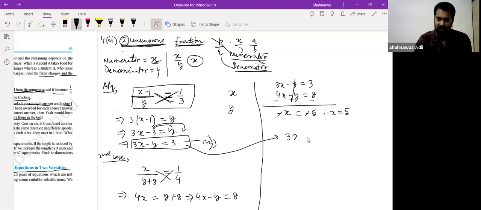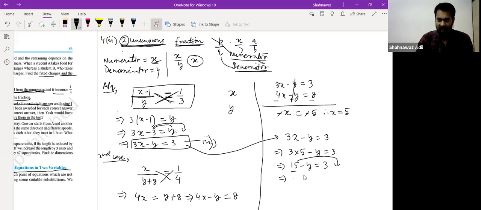So 3x minus y is 3, we know. And 3 into x, the value of x we know, so this will be 5. Minus y is 3, right? So this becomes 15 minus y is 3. So what will you do here? 15 goes in the right hand side. So what will remain here?